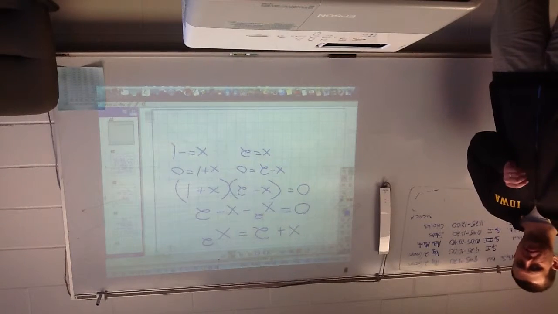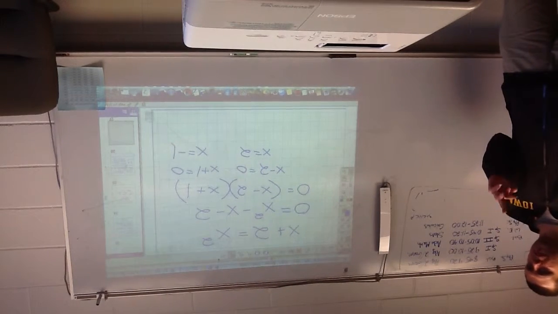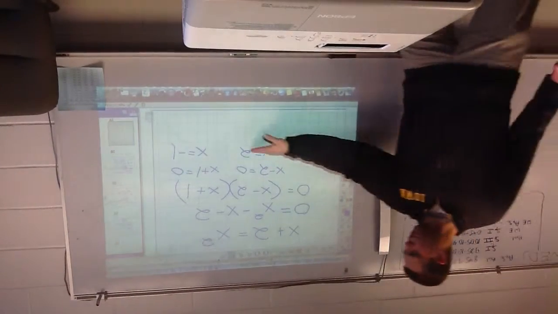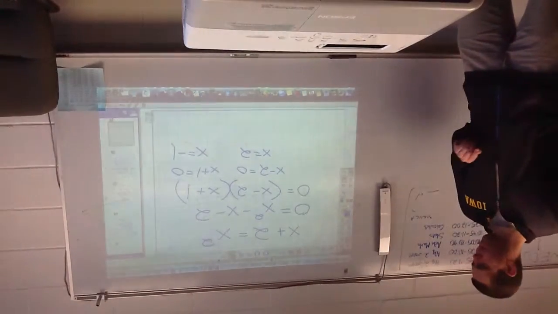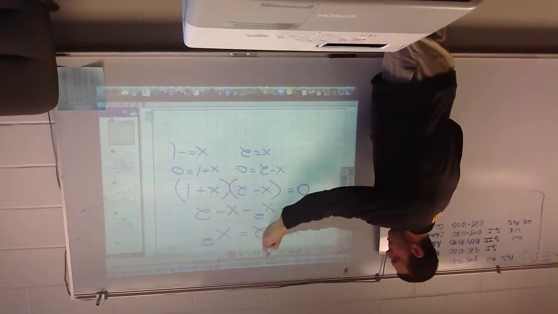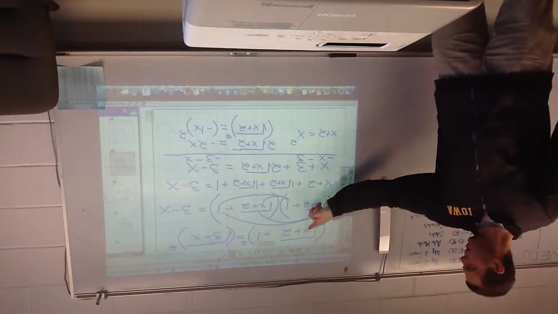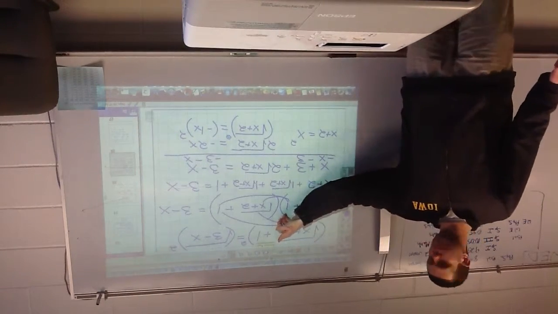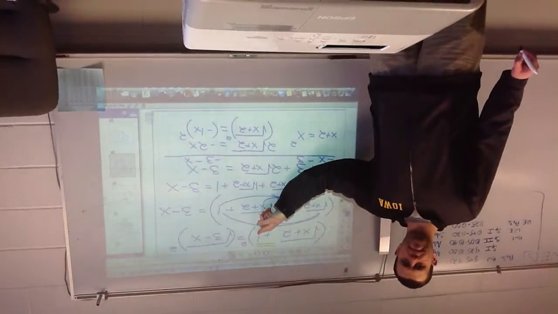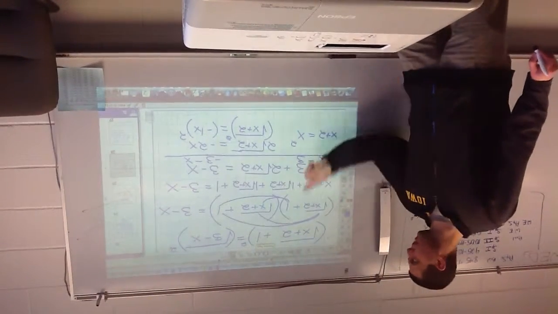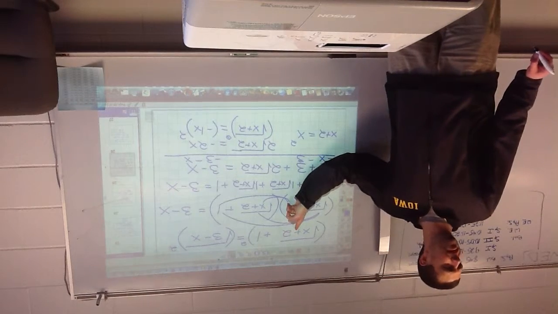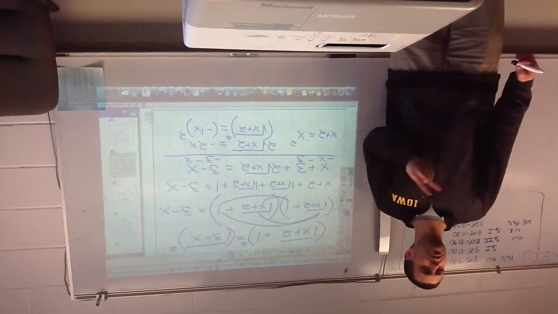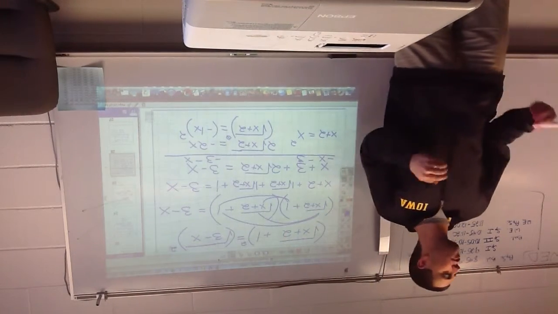Because you want to check your answers. Sometimes when you have two answers, both of them might not work. So I got 2 and I got negative 1. Let's try 2. 2 plus 2, everybody? 4, square root of 4 is 2, plus 1, 3.